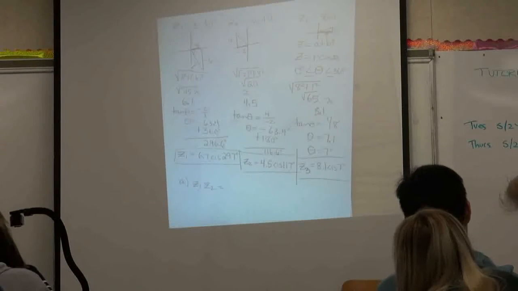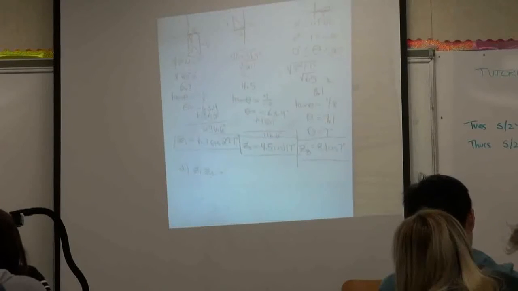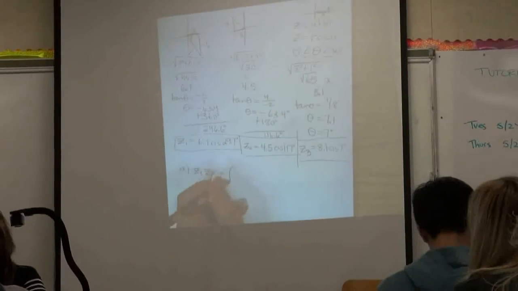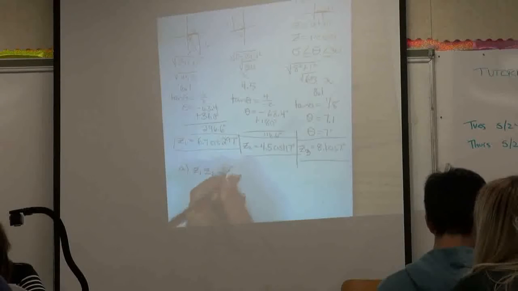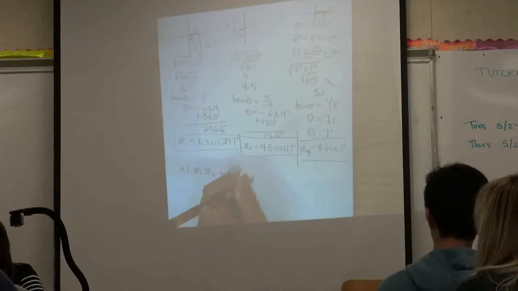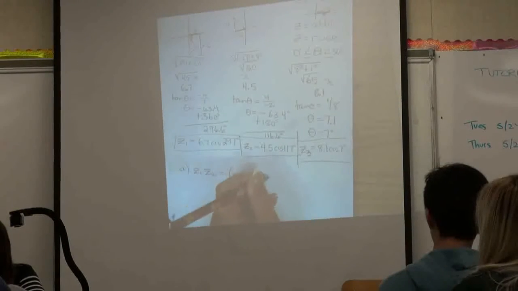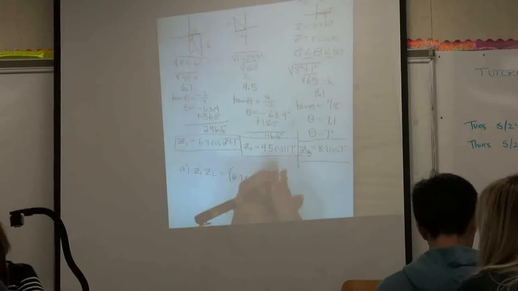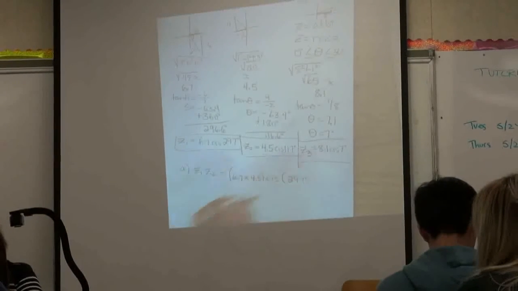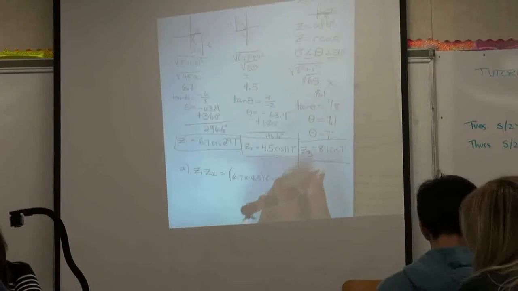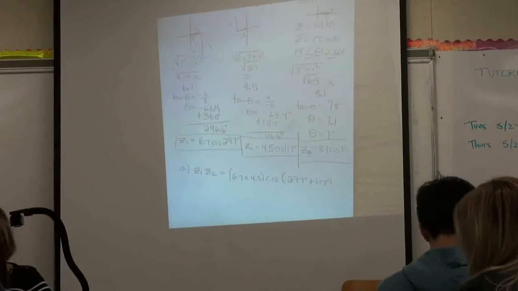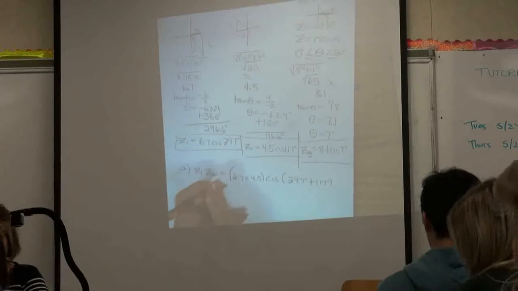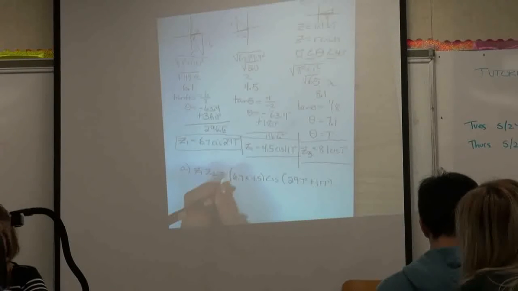You were taught, Jake, that you take the moduli and multiply 6.7 times 4.5, and you take the arguments and add 297 plus 117. For the moduli, Jake, you get 11.2.